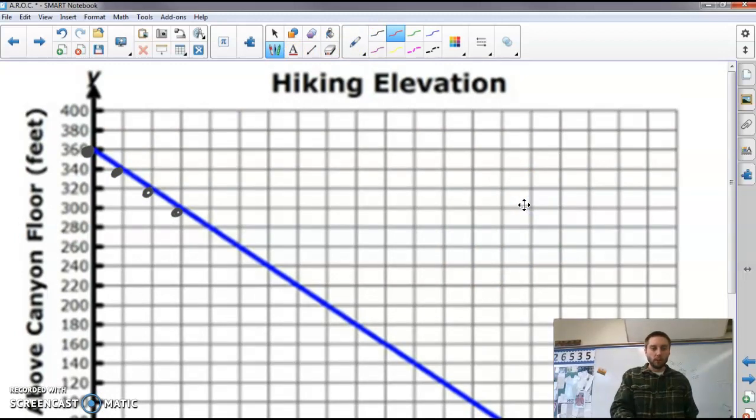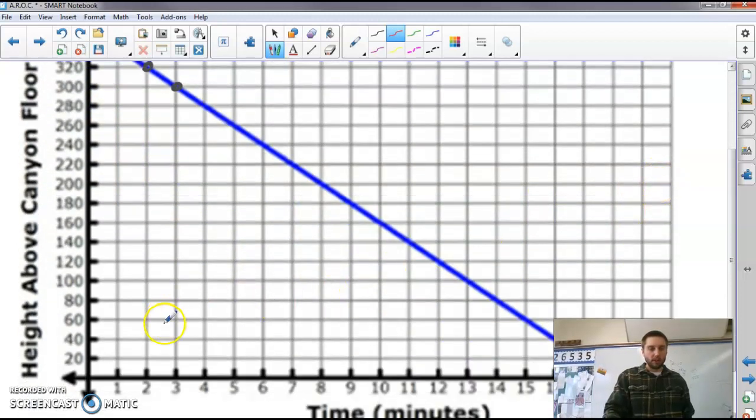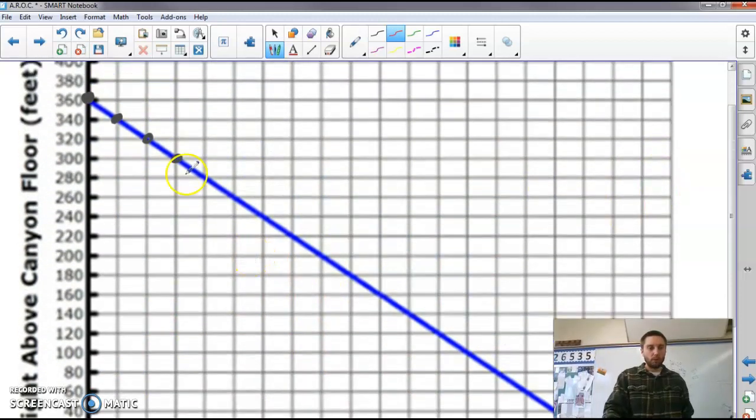So if I want to look at these points here, I need to find the rate of change between my points. To do that, let's just start at a point and let's count down and let's count over. So if I start at this point here, I go down 20 and then I go over. Let me scroll up to see what my x values are, just going over by 1, so that's nice.